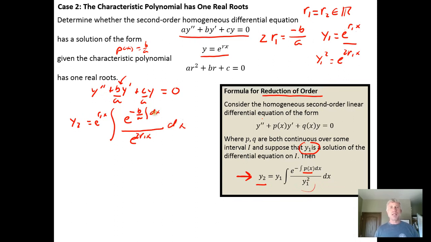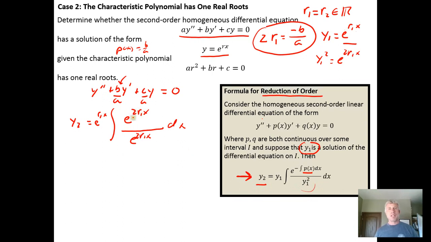When we integrate dx, or 1 dx, you just get an x. So we wind up getting negative b over a times x. But negative b over a from our work here is just twice r sub 1. So I can substitute the negative b over a with twice r sub 1.